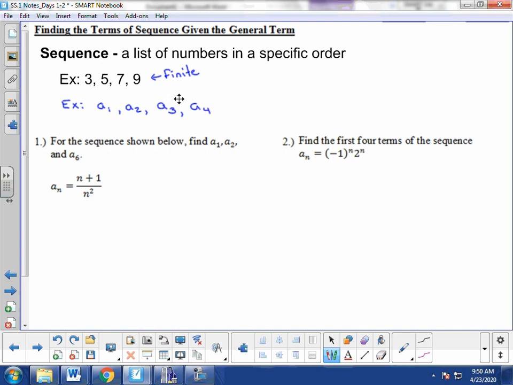And you could keep going on and on. As I have this listed right here, this would be a finite sequence as well. a sub 1 would represent 3, a sub 2, 5, a sub 3 would represent 7, and a sub 4 would represent 9.